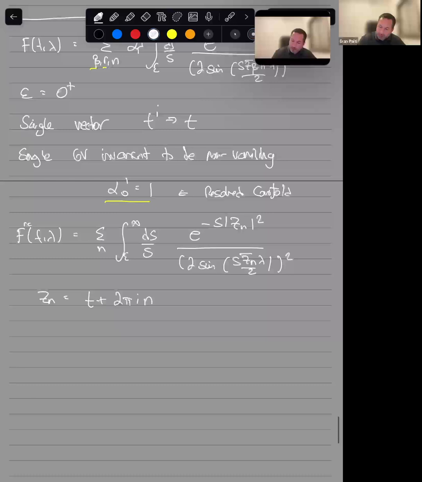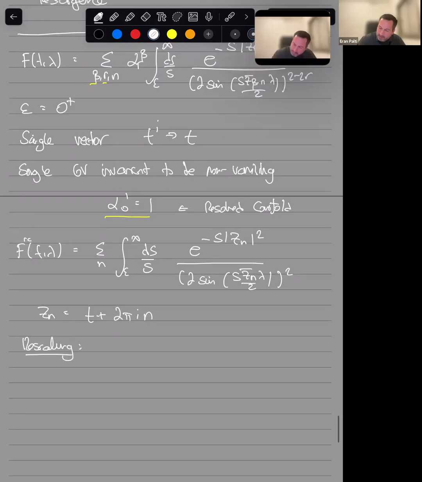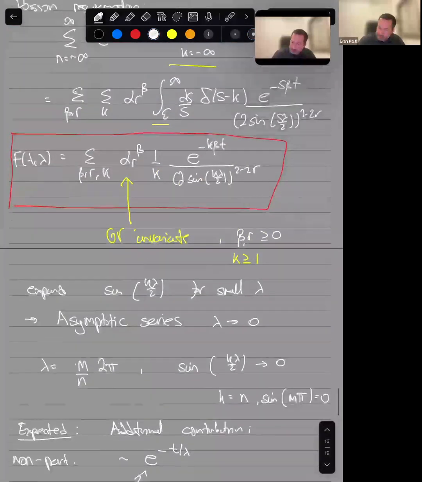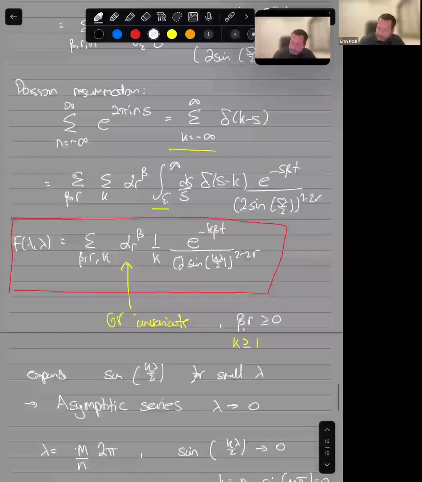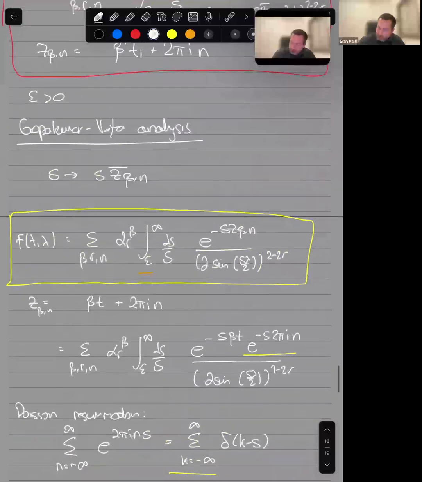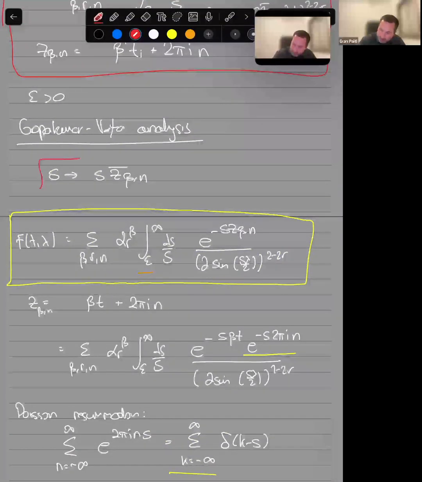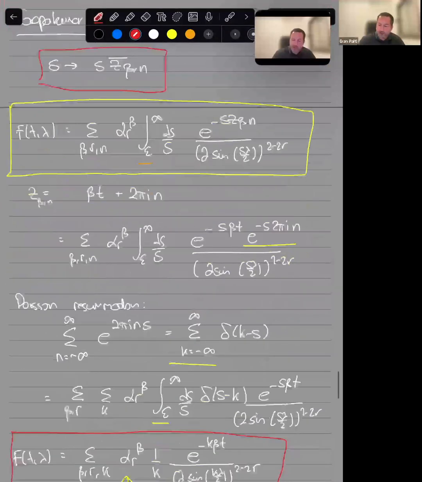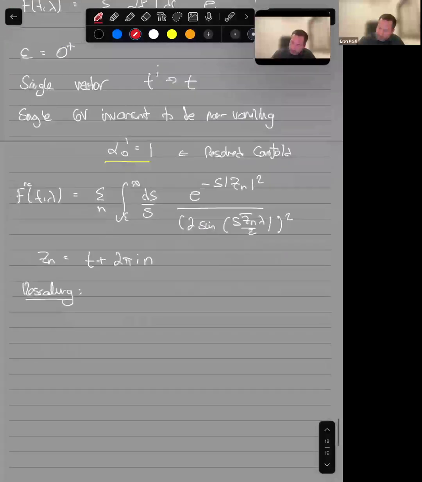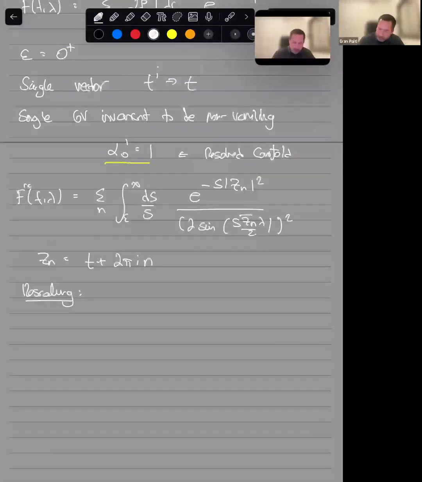So now what we're going to do is the rescaling. This is the same rescaling that I discussed about here, the rescaling that's usually done, but we're going to do it a bit more carefully. So we're going to define a new complex variable u_n, which is s times z bar n.